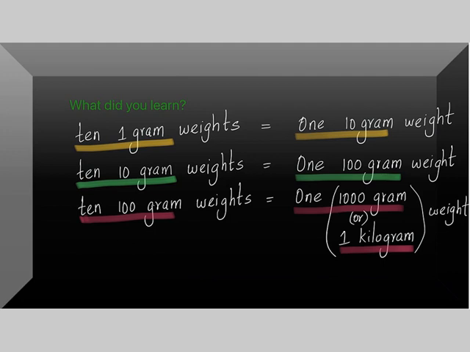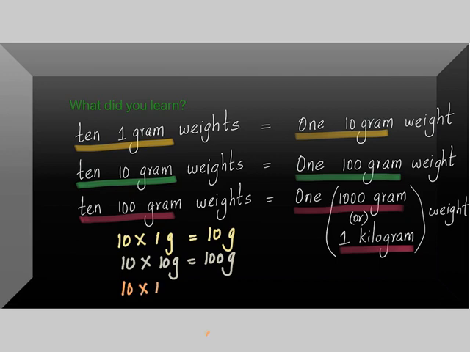So we can say 10 times 1 gram equals 10 grams. 10 times 10 gram equals 100 gram. And 10 times 100 gram equals 1000 gram, which is also called 1 kilogram.